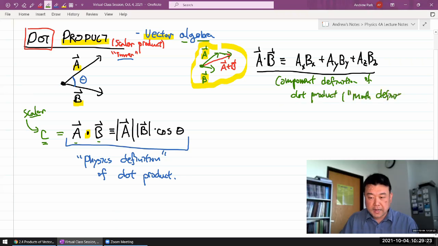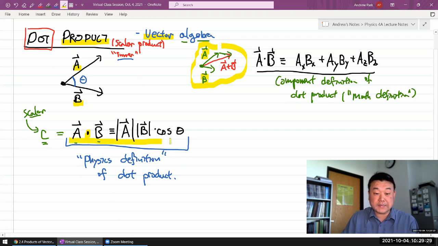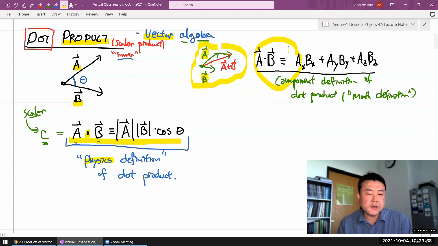And there's a reason I'm drawing this distinction here. I've called this the physics definition, implying that we physicists prefer this over the other definition that some other people prefer. And the reason for it has to do with whether you have to define a coordinate axis.